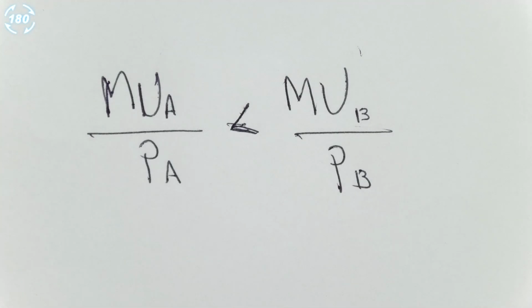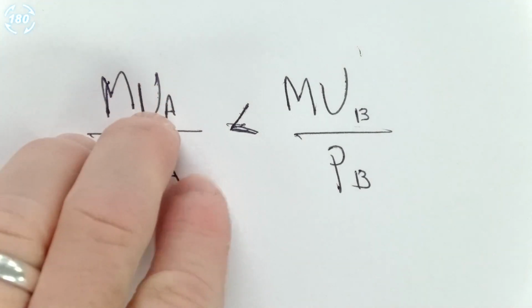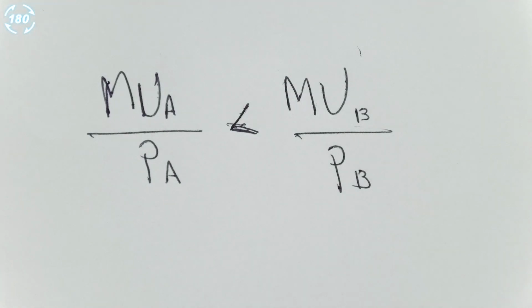Spend more on A or more on B? What do you think? Because if you spend more on one, you spend less on the other. Okay, now this is on the test too, okay? So to make sure you understand.